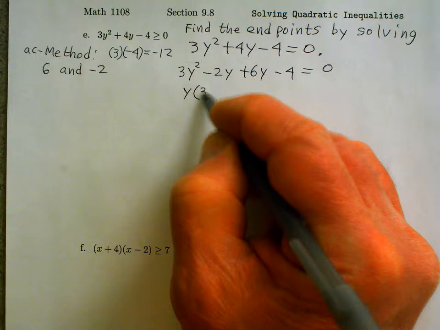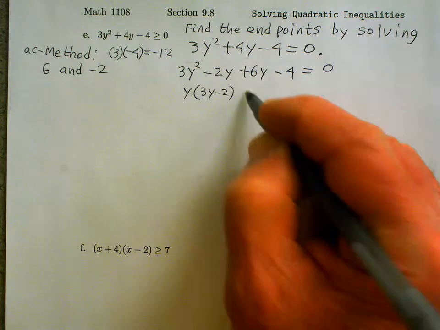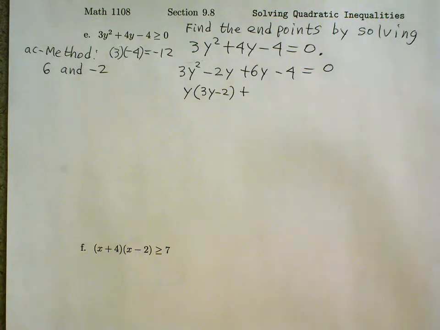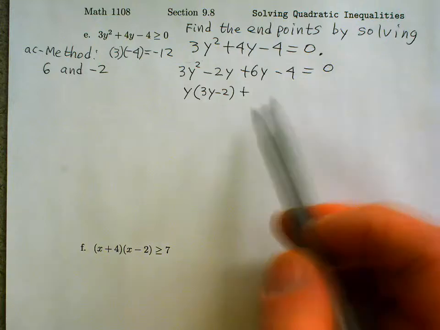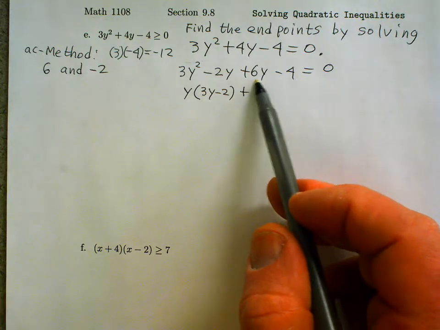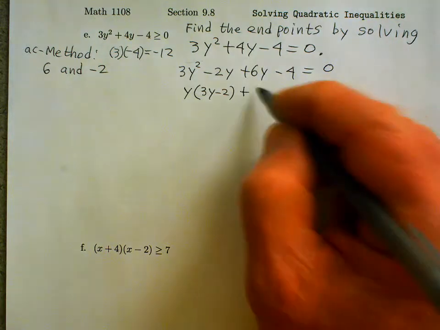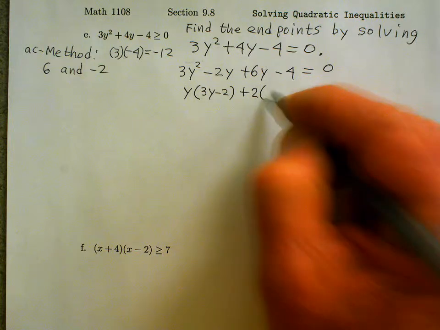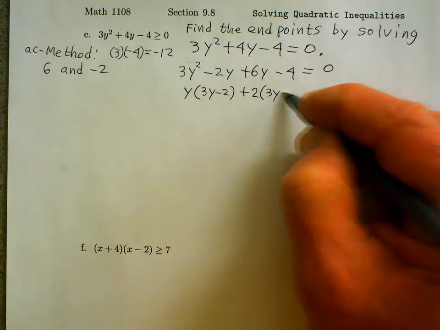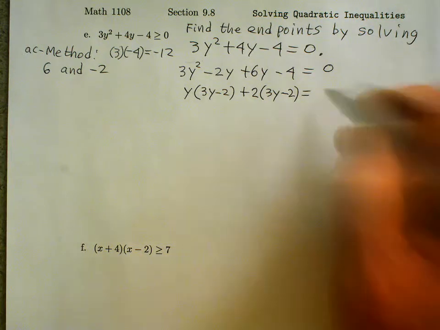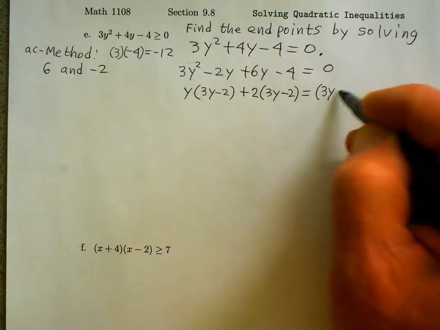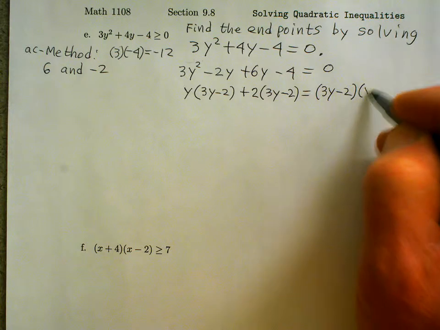And the binomial is 3y minus 2. Bring down the middle operator of addition. And then out of the third and fourth terms, factor out the greatest common factor of 2. And the binomial is 3y minus 2. So the two factors are 3y minus 2 times y plus 2.